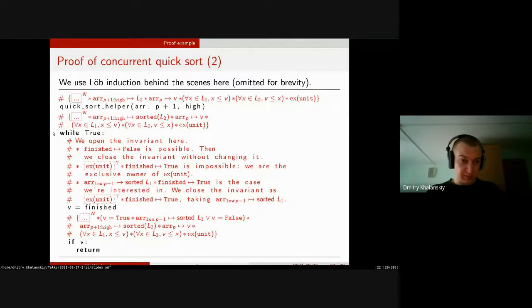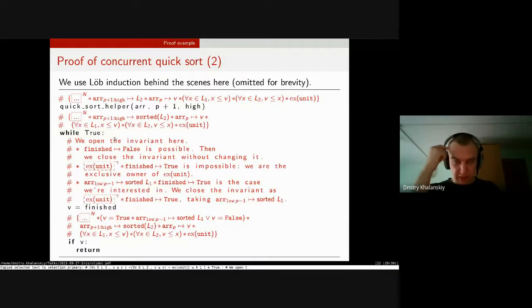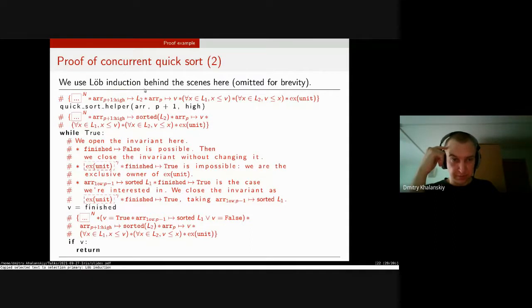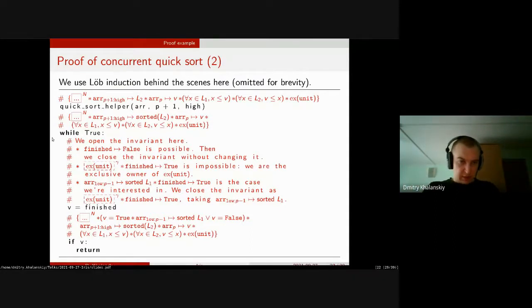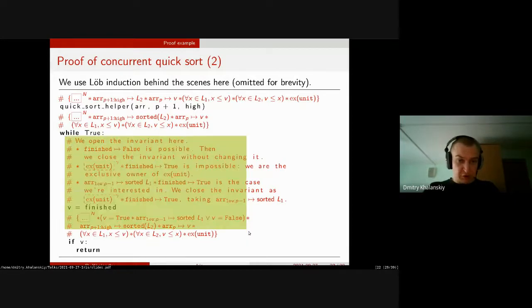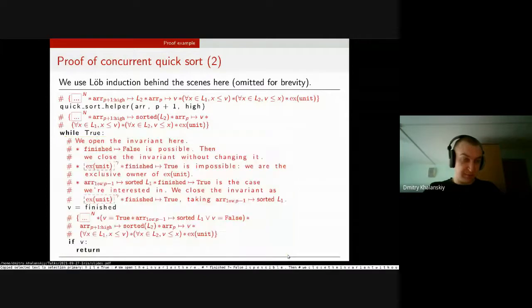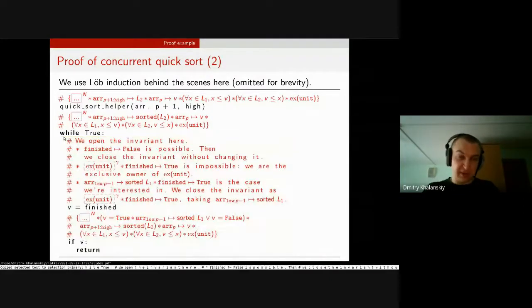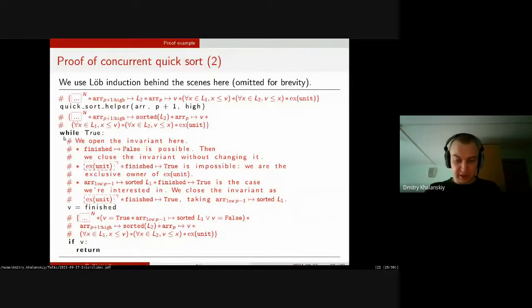Here we can rewrite the infinite loop as unbounded recursion, which is exactly what Löb induction deals with. In each iteration of the loop, which potentially may never really finish, we do know that it will finish, as we do know that quicksort does finish eventually.